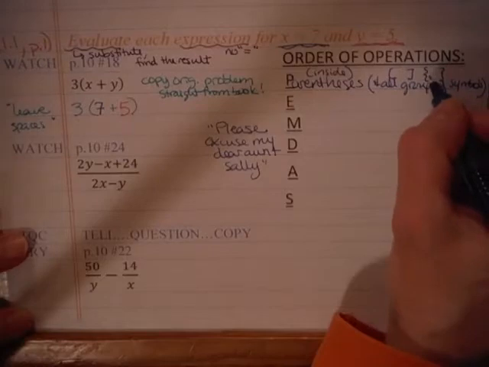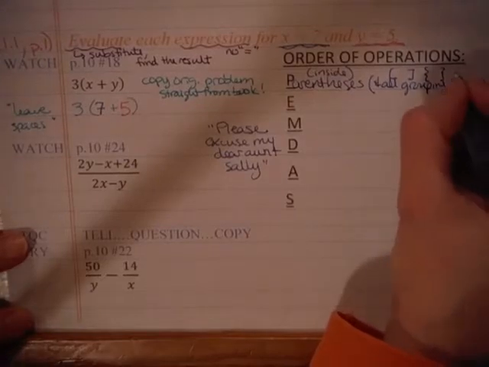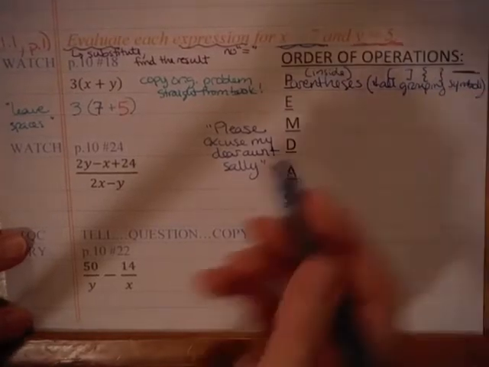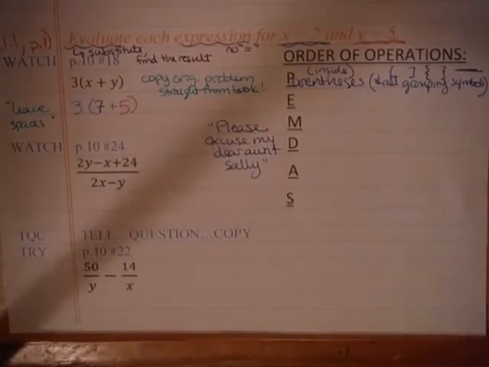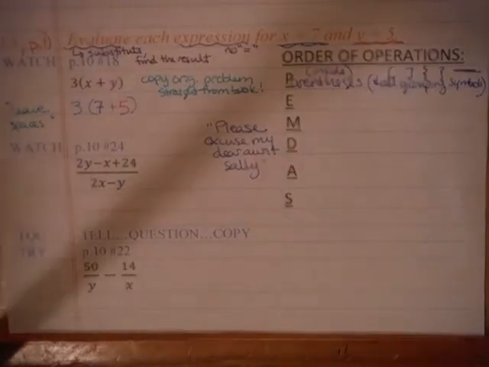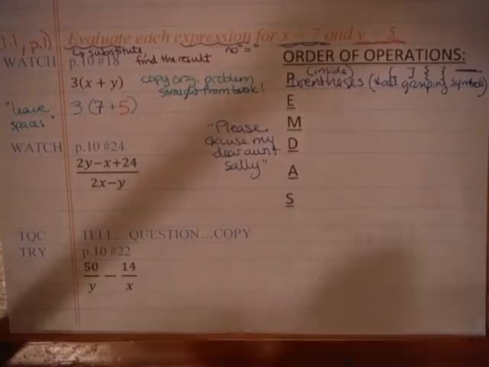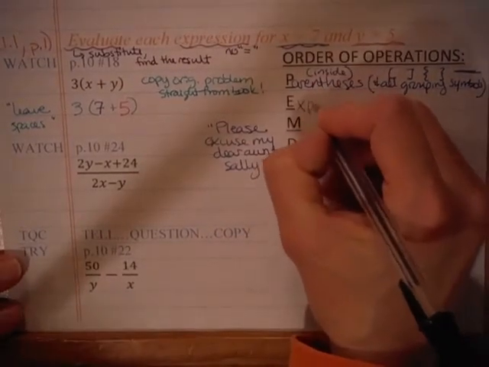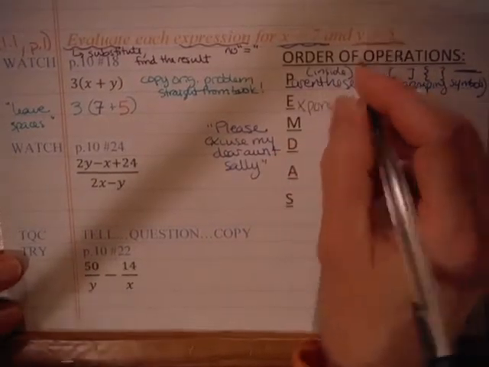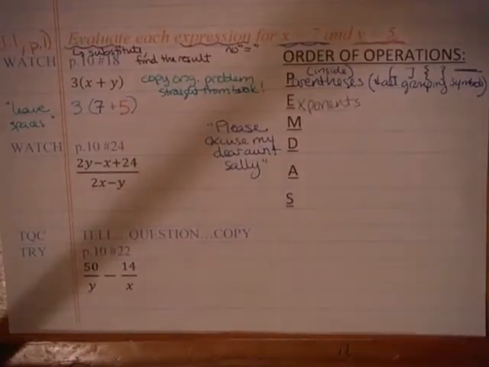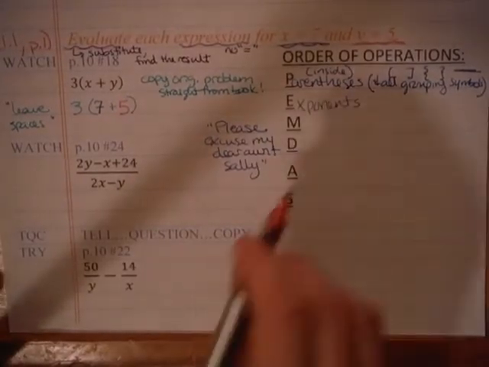They're not really French, they just seem extra fancy to me. The fraction bar, okay? In the next example we'll see a fraction bar that's used as a grouping symbol here. E is for exponents. We won't see a lot of those yet, but they will come into place and we need to know where they fall in the order of operations.